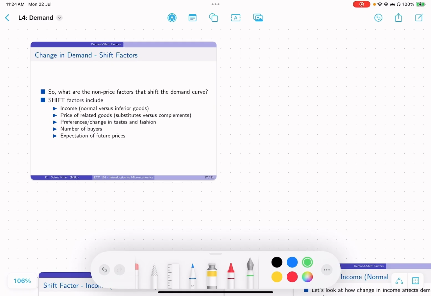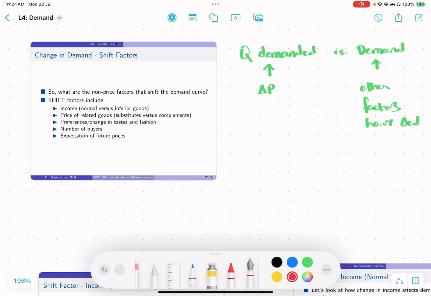In the last video, we had gone into details and examined the difference between quantity demanded versus demand, right? And a quick recap, whenever we're talking about quantity demanded, it means that there has been a change in price. Whenever there's a change in demand, it means that other factors have changed, all right? But what about the price?